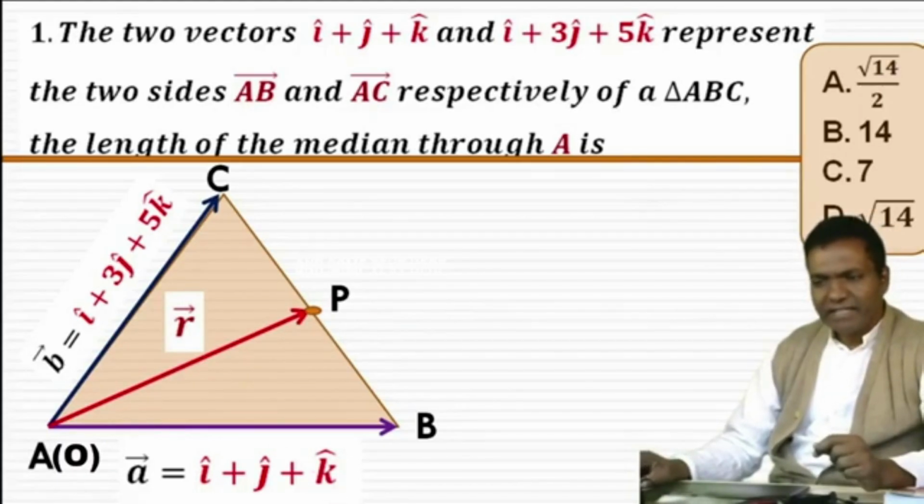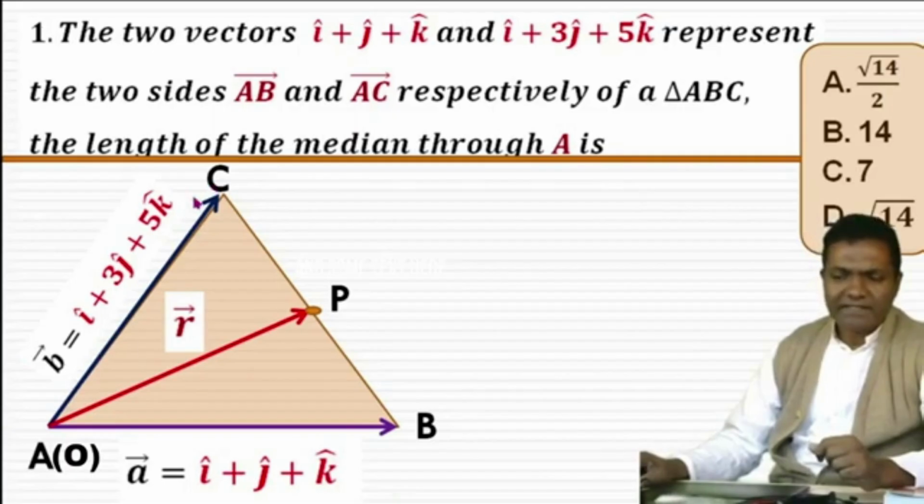So consider the given two adjacent side vectors: AB is equal to vector i plus j plus k and vector AC as this. Now you are asked the length of this.